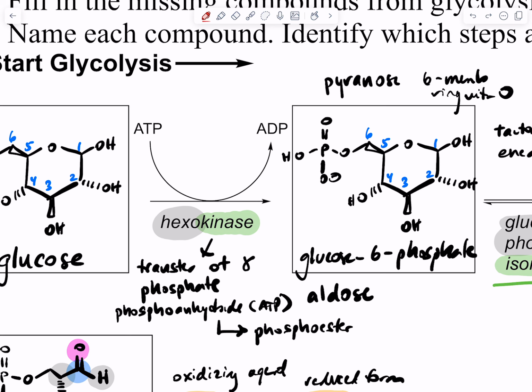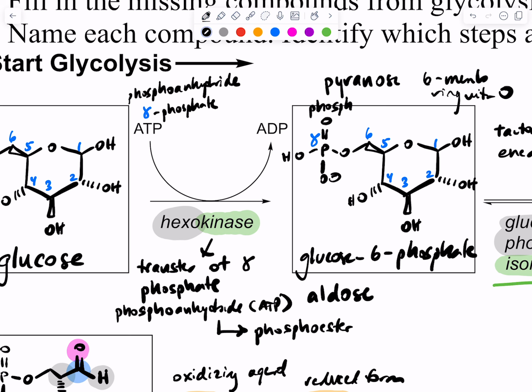For example, in step 1, you notice that I've got in ATP a phosphoanhydride involving the gamma phosphate group of ATP, and that gamma phosphate is now here in the product glucose 6-phosphate, and it is now a phosphoester. So level 1 changing to level 2, you predict that to be downhill, right?